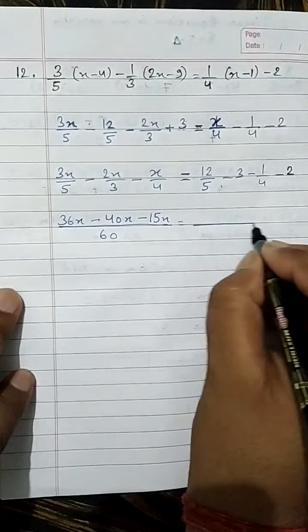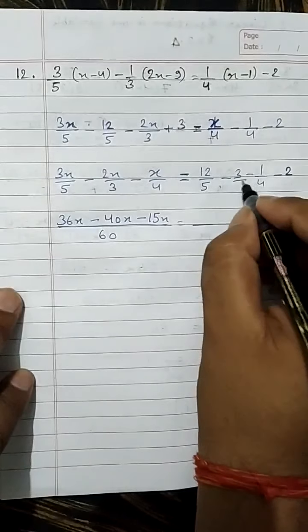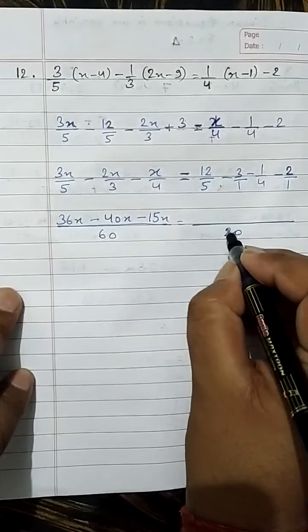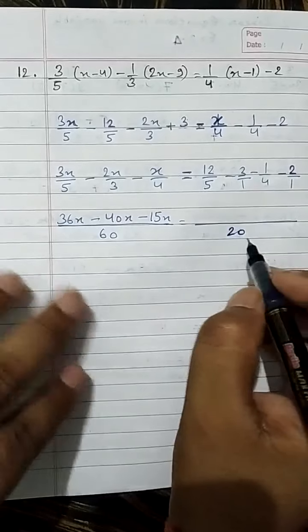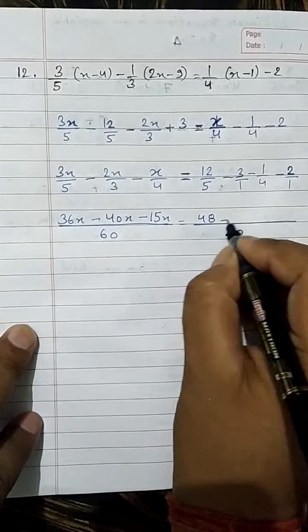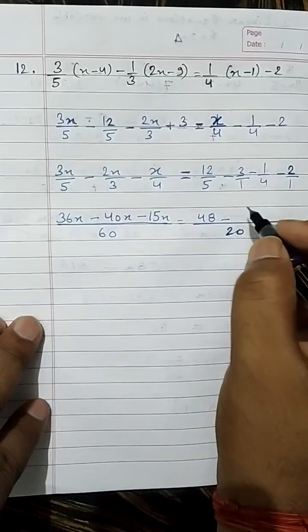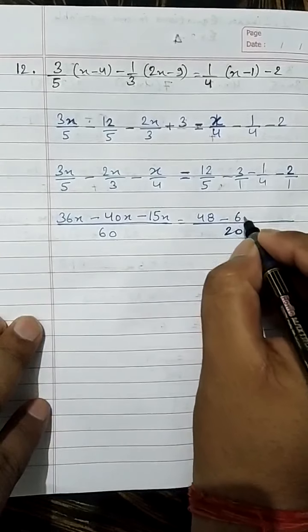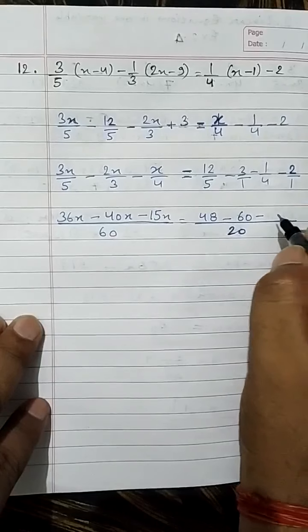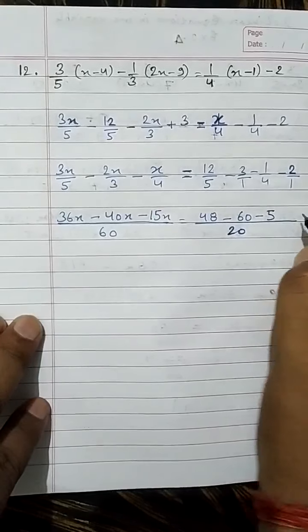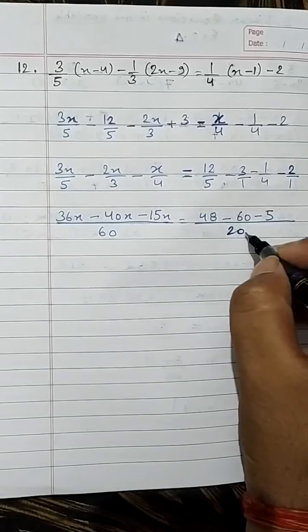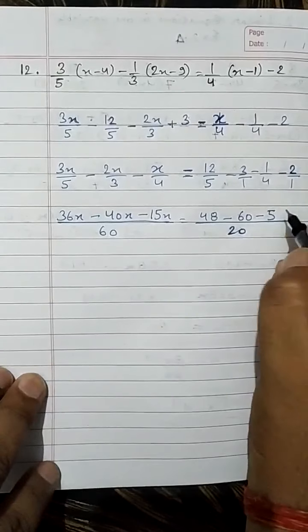On the right hand side, we will take the LCM of 5 and 4 and this one. 5 fours are 20. Now 20 divided by 5 is 4, and 12 fours are 48. Minus here, 20 divided by 1 is 20, 20 threes are 60. Minus 20 divided by 4 is 5, put here 5, and 20 divided by 1 is 20, 20 twos are 40.